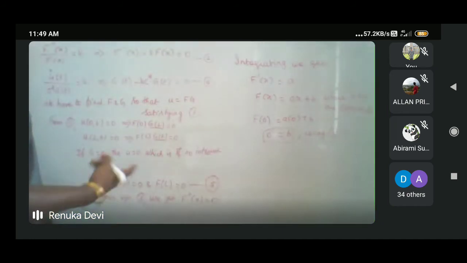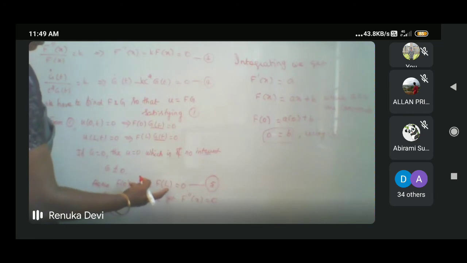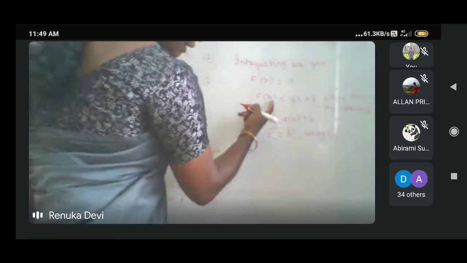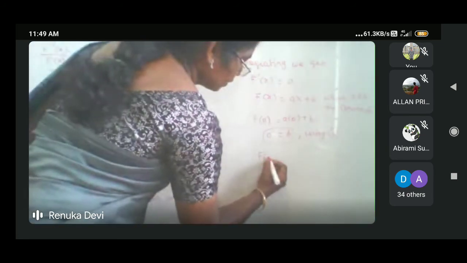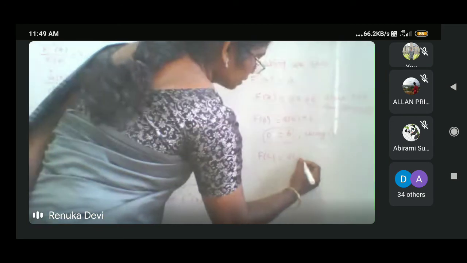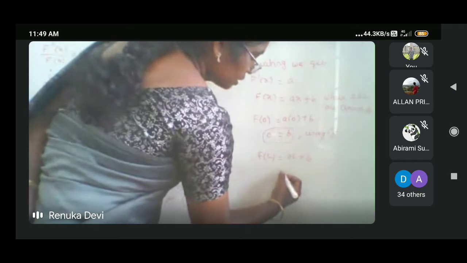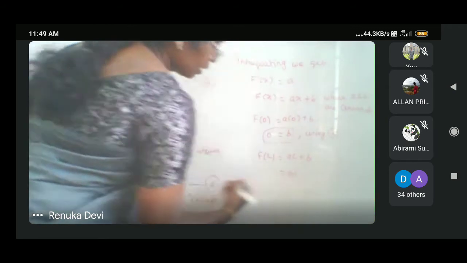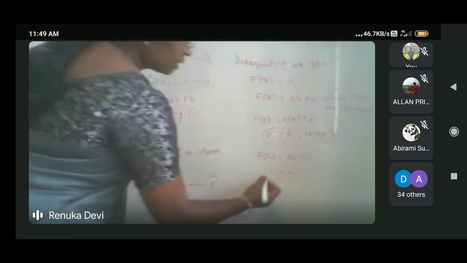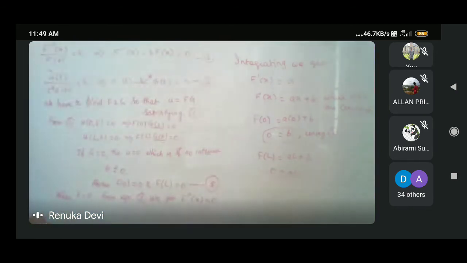And actually we have to find what is a also. From 5, we know what is f of L. So put x equal to L in the equation. That is f of L equal to aL plus b. But b is already 0, so this is aL, and f of L is again 0.